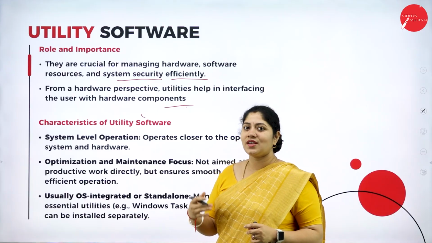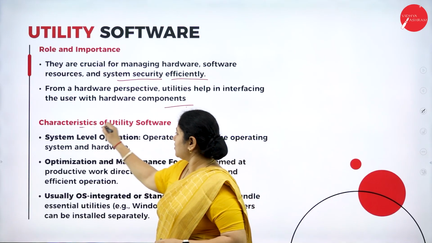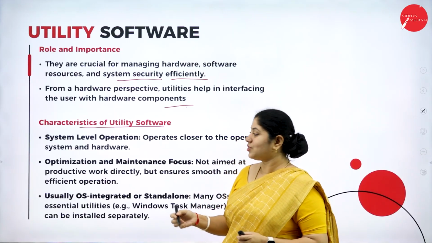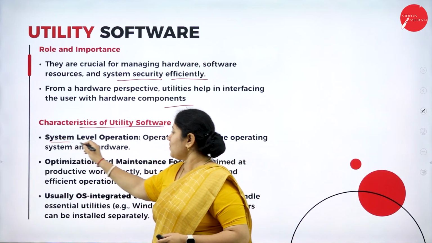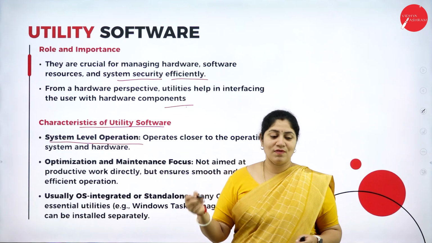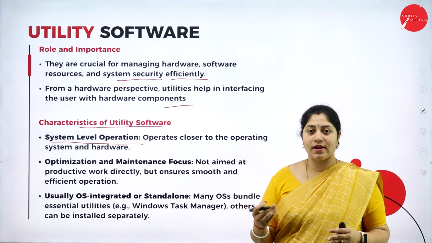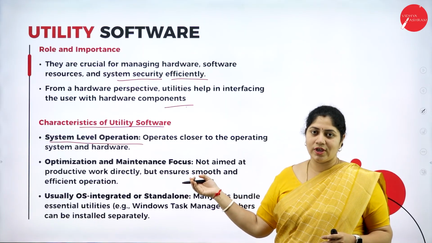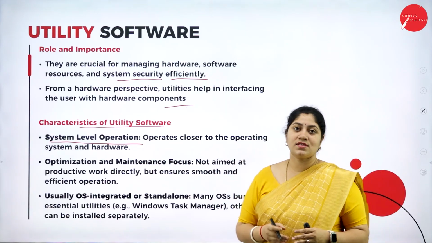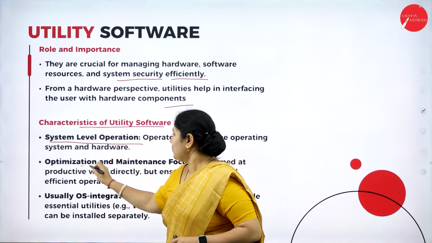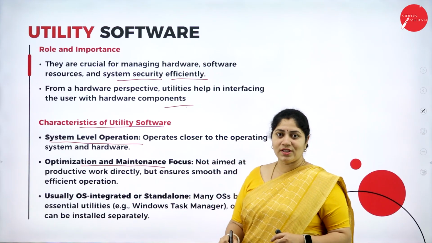Moving ahead, let's understand what the characteristics of the utility software are. The first character is that it operates with system level operations. System level operations means these system utilities work parallelly along with the OS. That's why we can call it system level operations. Up next are optimization as well as maintenance.